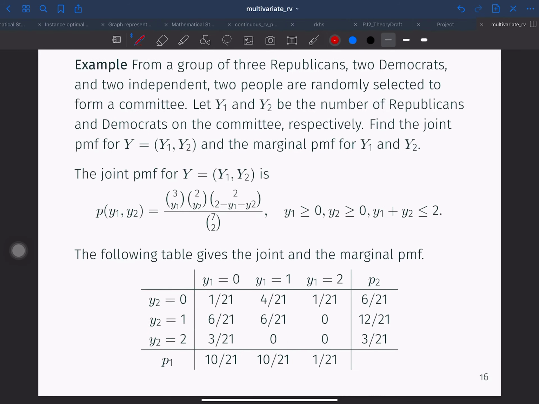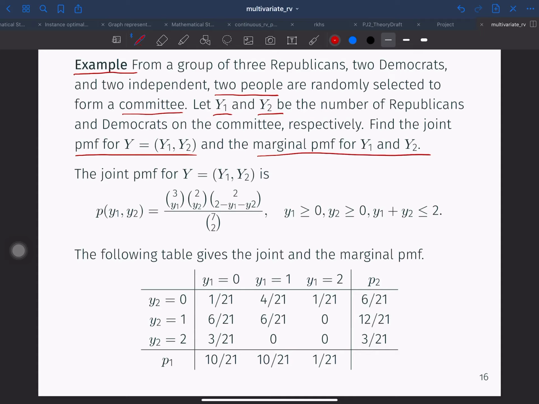Okay, so another example, which is a very useful example to remember. You have a group of 3 Republicans, 2 Democrats, and 2 independents. And now you choose 2 people randomly to form a committee. You let Y1 and Y2 be the number of Republicans and Democrats on the committee, and you want to find the joint PMF for Y and the marginal PMF for Y1 and Y2.